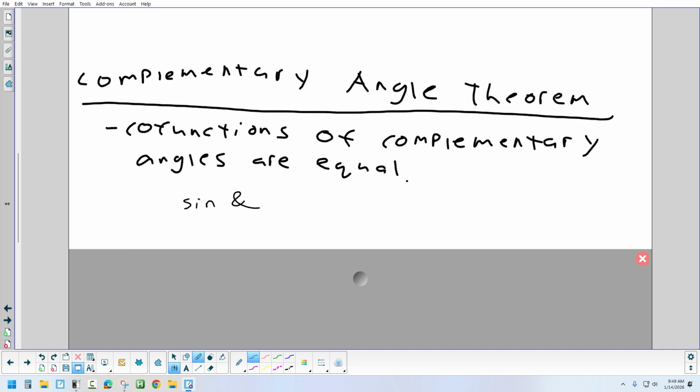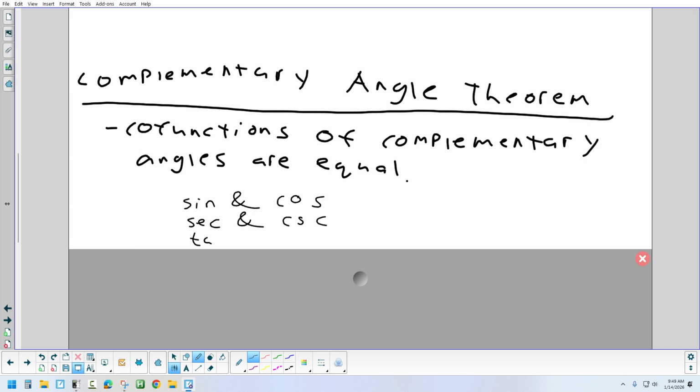What's the co-function of sine? What function do you get when you put co in front of sine? Cosine. How about, what's the co-function of secant? Cosecant.